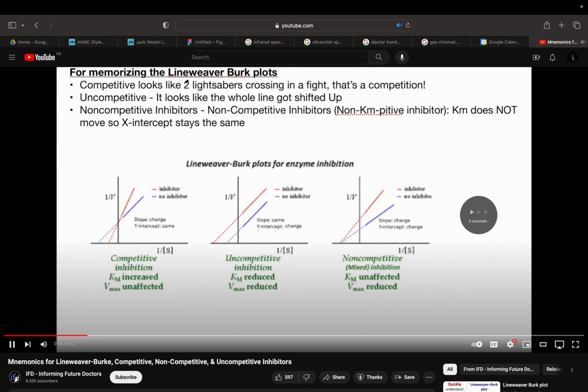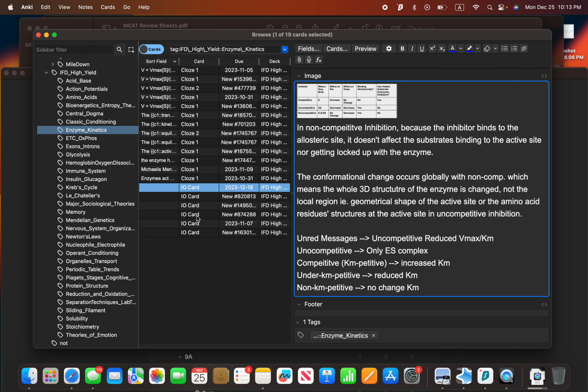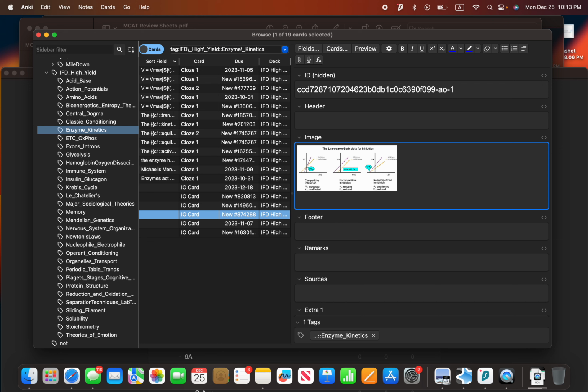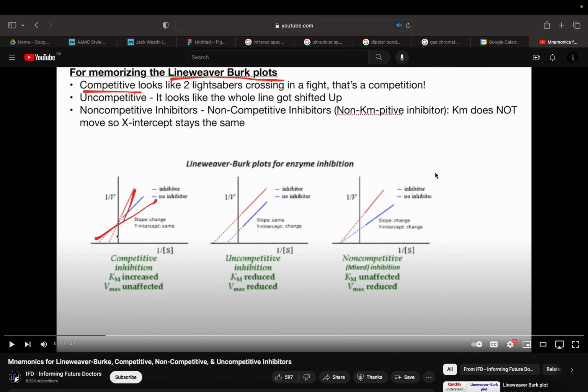There are, for competitive, I remember that it looks like two lightsabers crossing. So let's get here. So we have competitive, because it's competitive, two lightsabers crossing. Which one is the upper one? The inhibitor, right?